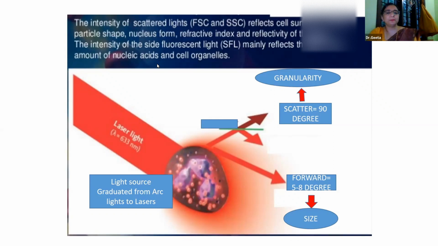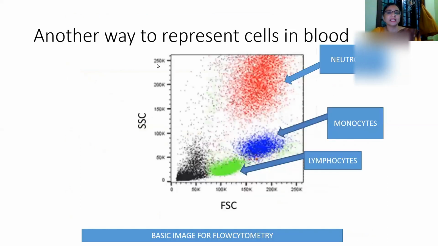So this gives basic information which divides the cells into these groups. So these are the histograms, or the dot plots rather, which we see in our newer generation auto analyzers, which we use to do routine CBC tests.